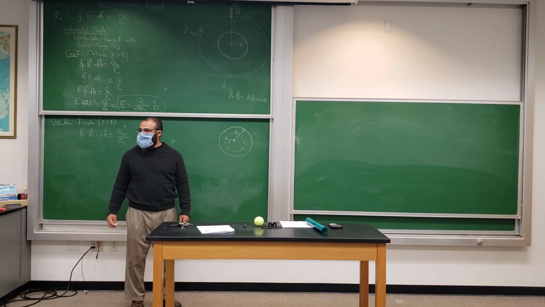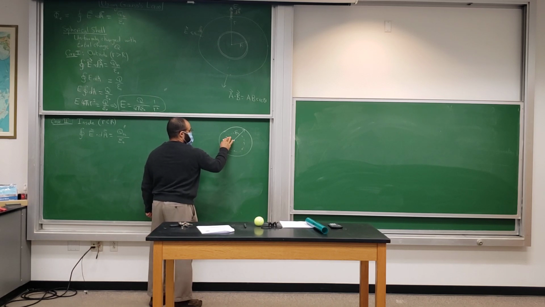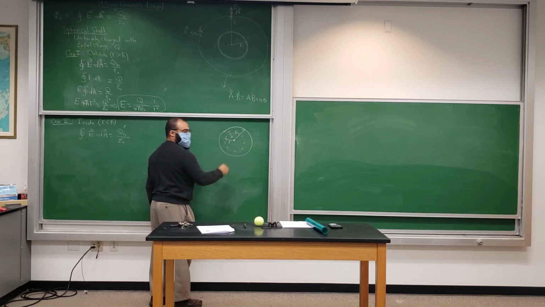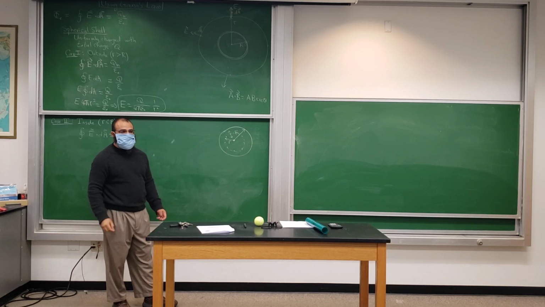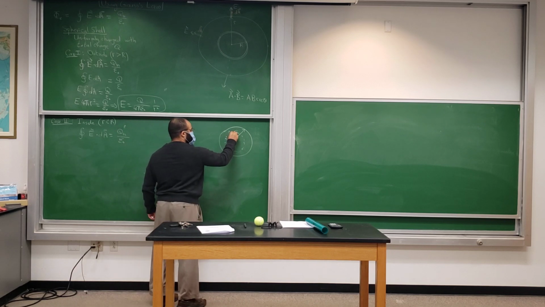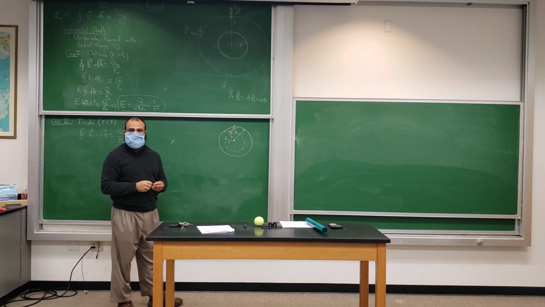I don't really care, as you will see in a second why. Now, in what direction would the area of this Gaussian surface point? Outward. Area is always away from the closed surface. So dA points that way, and the electric field is either parallel or anti-parallel to the area, right?